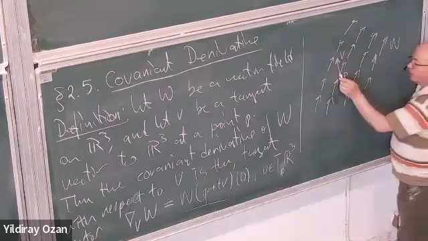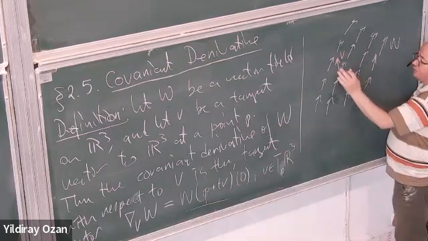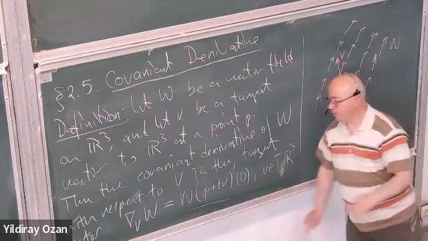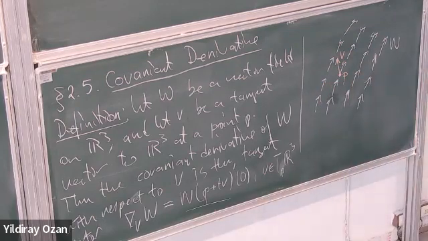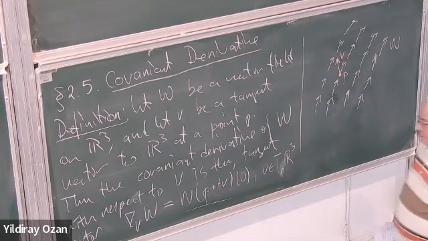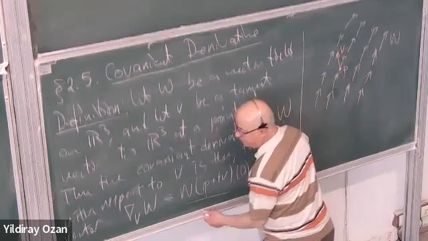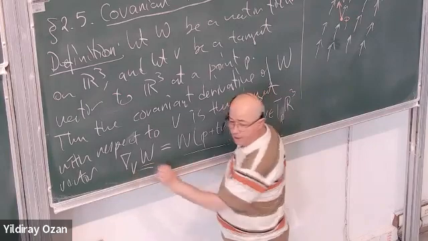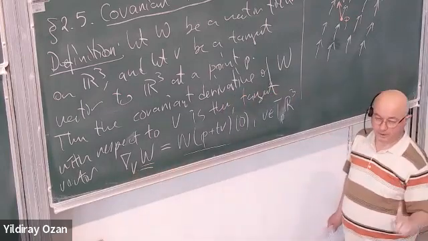If I move in this direction, how does this vector field change? Here you see this is the derivative of the vector field along this single vector V.